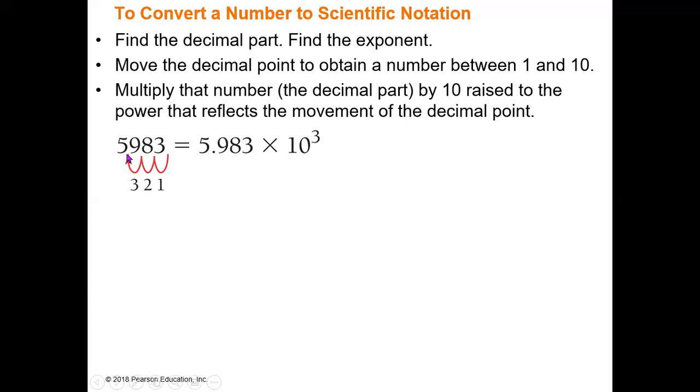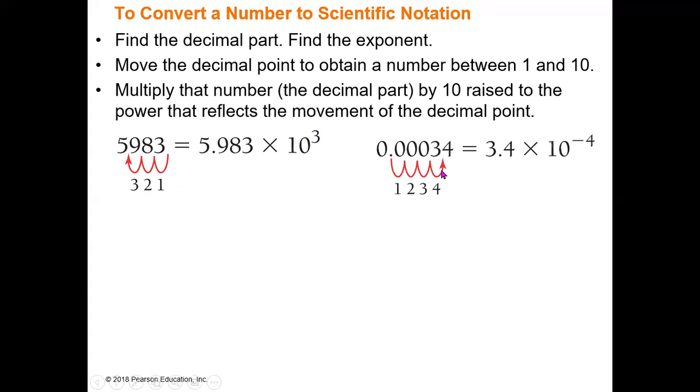We move it 3 times to somewhere between the 5 and the 9. Therefore, the scientific notation becomes 5.983 times 10 to the 3. This exponent 3 comes from moving the decimal point 3 times until we get 5.983, and we move to the left.